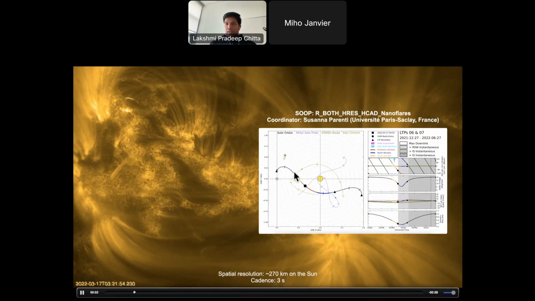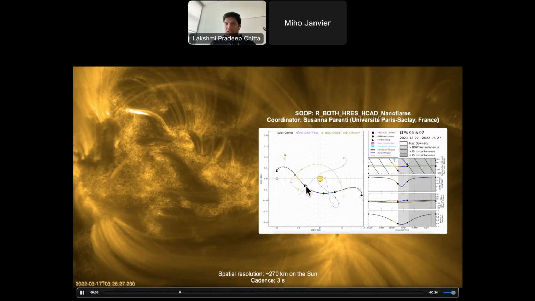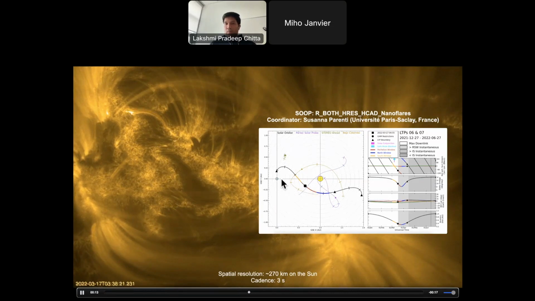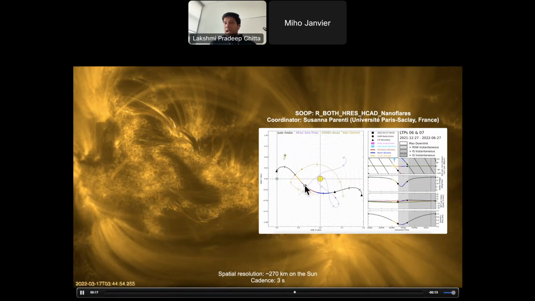Solar Orbiter was going along this black path and at this location. So you can see, compared to Earth, it is much closer to the Sun, 0.4 AU or so, but it is not just along the Sun-Earth line, slightly away from the Sun-Earth line. At this location, this active region was being observed.